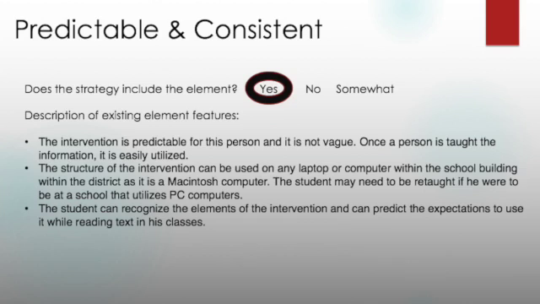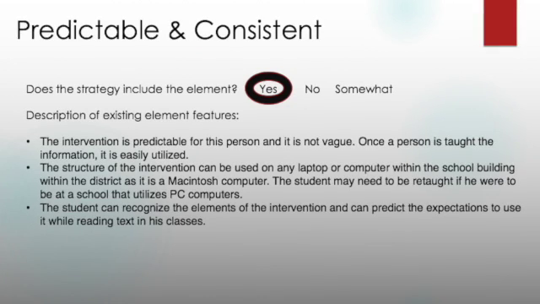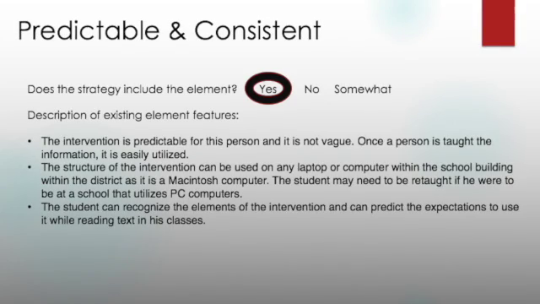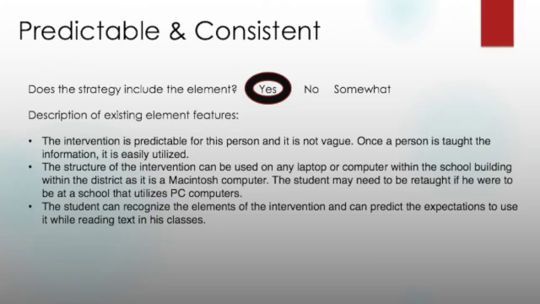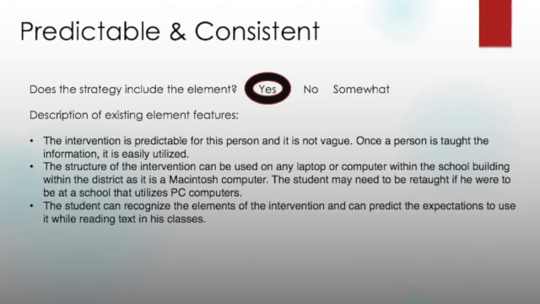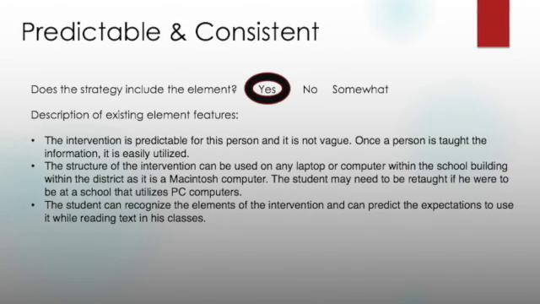The next part of the SART is if it's predictable and consistent. The strategy includes this element, yes, because for the person that is using it, it is not vague. Once a person is taught the information, it's easily utilized. The structure of this intervention can be used on any laptop or computer within the school building within this district, as it is a Macintosh computer.